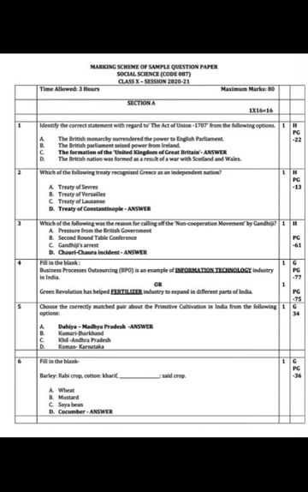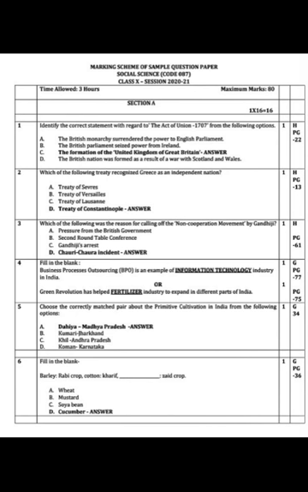So out of these, students, the most appropriate or correct option is C, that is the formation of the United Kingdom of Great Britain. Students, the Act of Union 1707 between England and Scotland resulted in the formation of the United Kingdom of Great Britain. So this is the right answer.